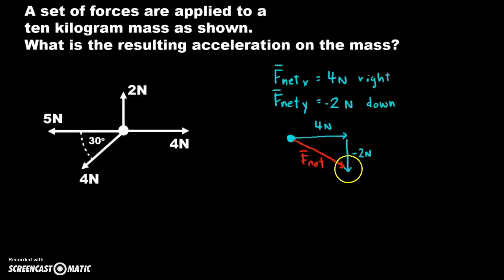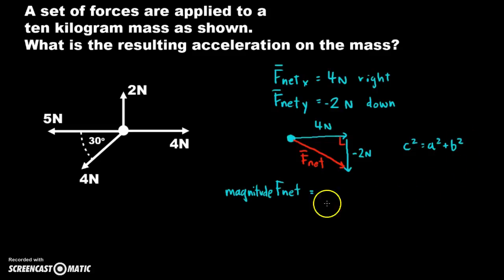Well, this is nothing more than the Pythagorean theorem again. I'm doing a right triangle. So how do I get net force? F net would then be equal to, and now this is the magnitude, I don't know the direction yet, c squared equals a squared plus b squared, right?